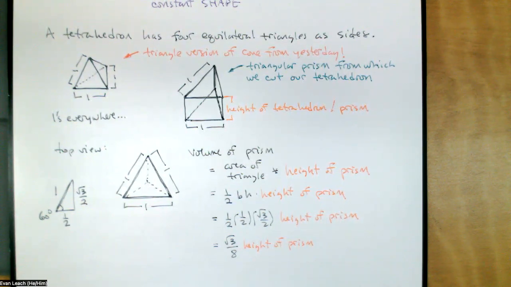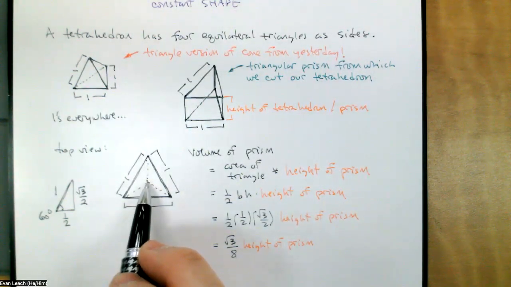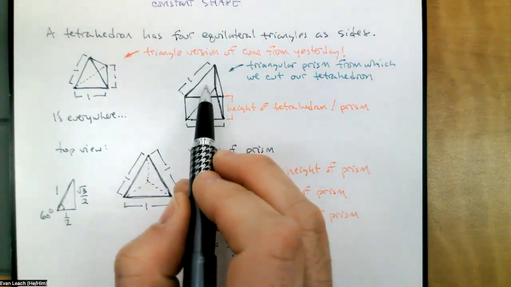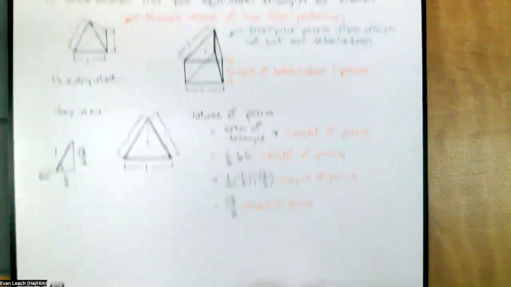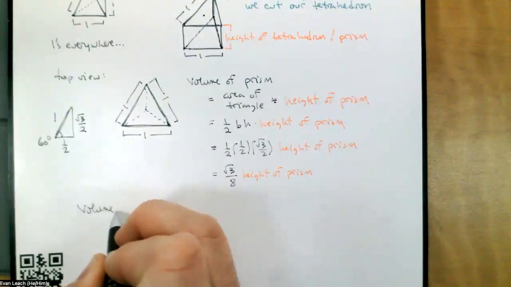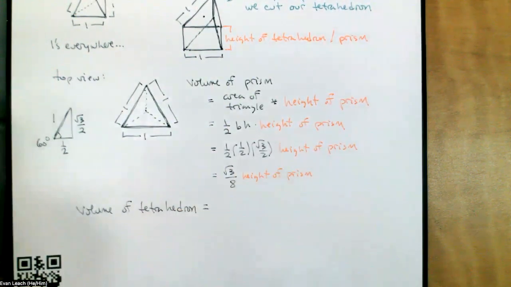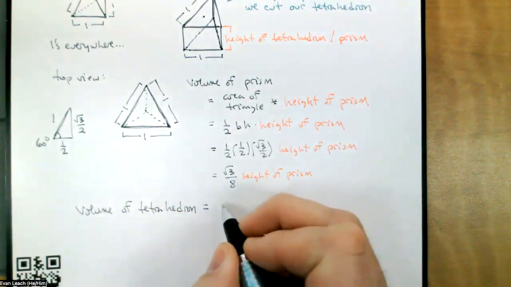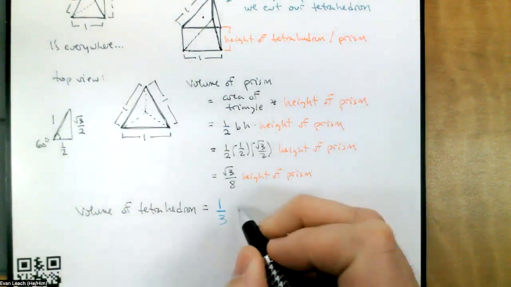So now we can speculate. Since we're forming the tetrahedron just by picking a point on the top of the prism and cutting away the sides, we can speculate that the volume of the tetrahedron will be 1/3 the volume of the prism.